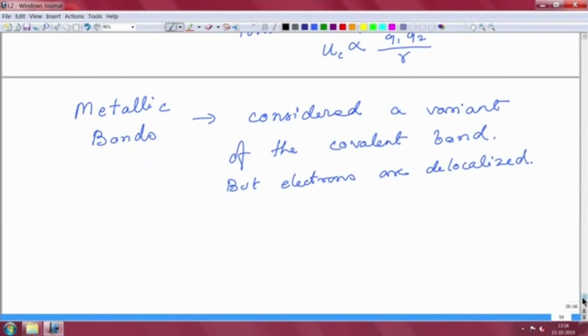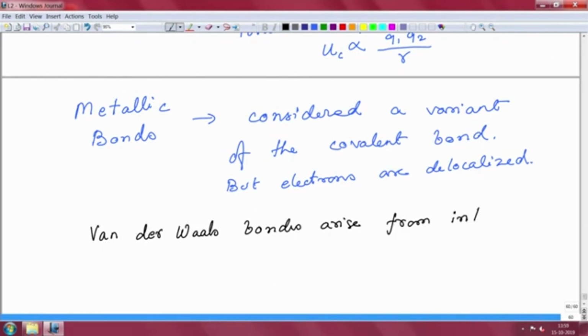Van der Waals bonds arise from interactions between uncharged, weakly interacting molecules or atoms.